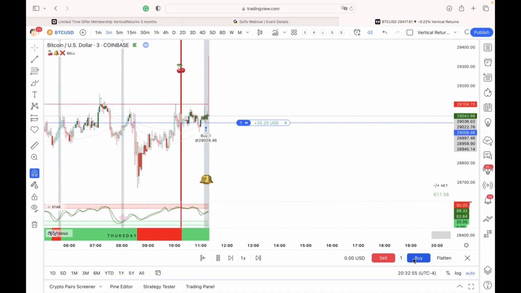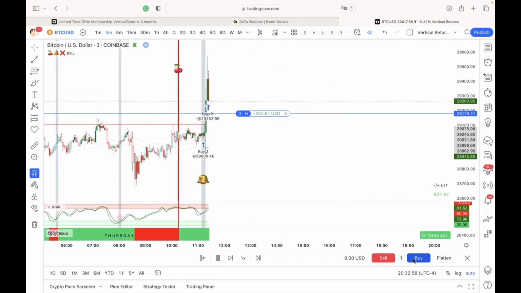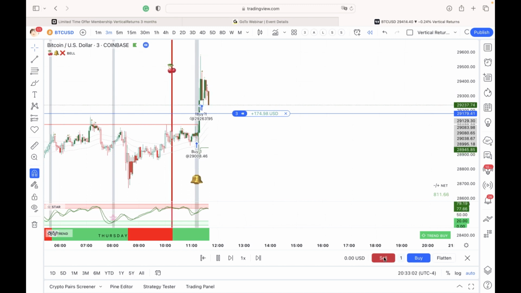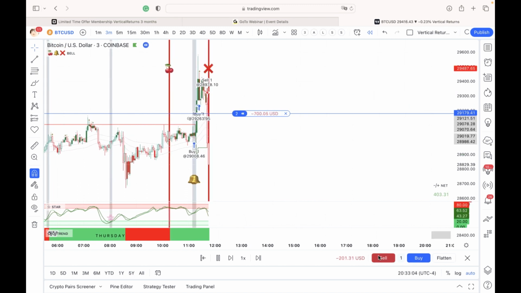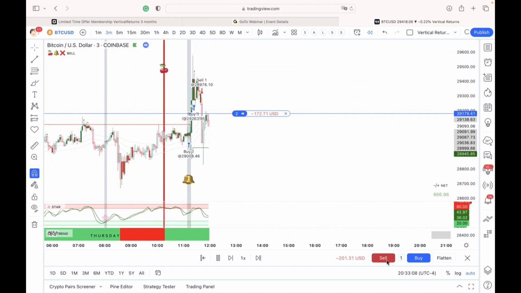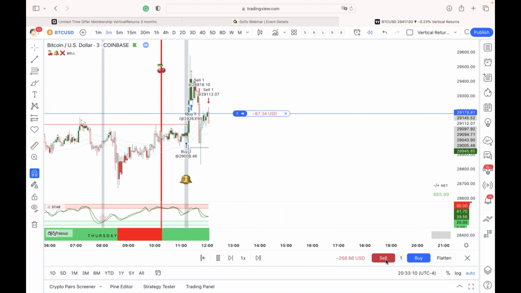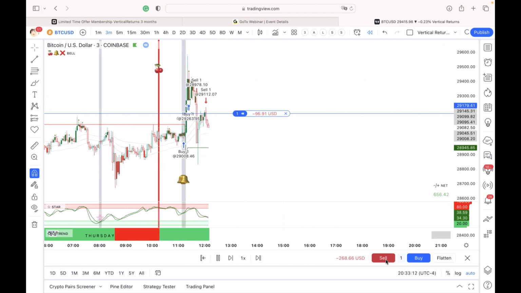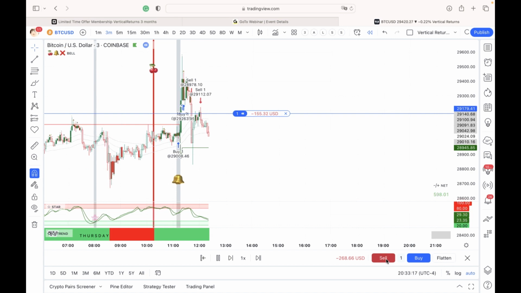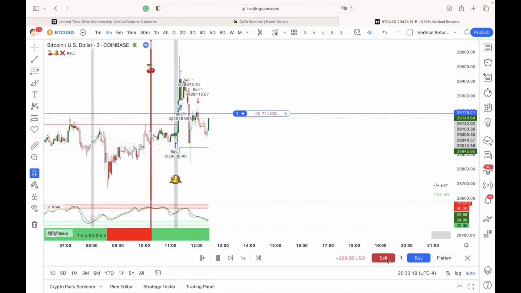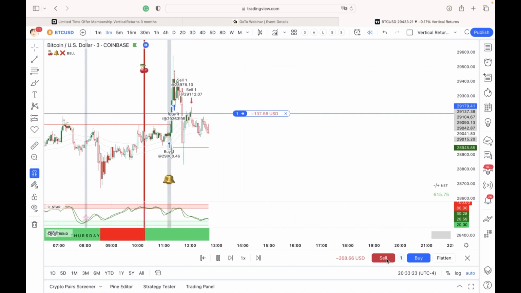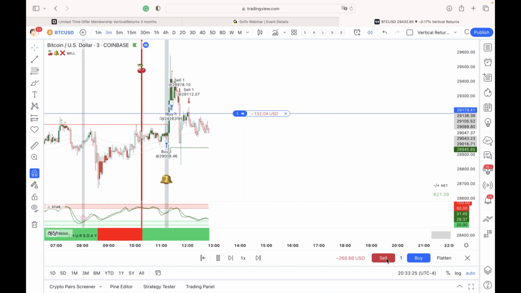There we go. Buy. Buy. I shouldn't have bought that much. Oh no, I sold too fast. Oh my God, I sold too fast again. Okay, I'm going to do it again. I'm not following it, I'm just trying to use my own brain. I should just wait and follow the indicators. This is what happens, guys, if you don't follow the indicators.